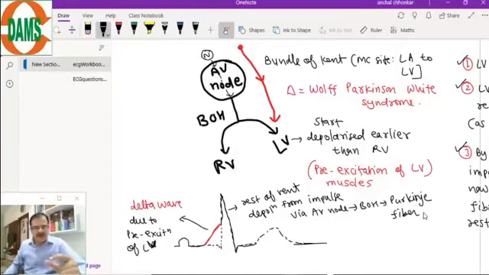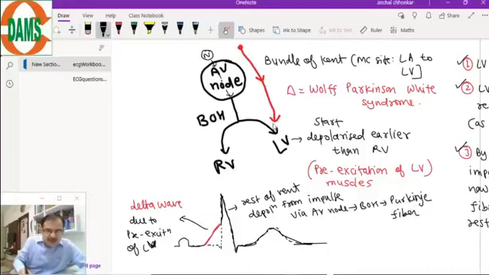So the rest of the ventricle will be depolarized from impulse via the AV node, bundle of His and Purkinje fiber, completing the QRS complex like this. QRS complex. Yes, very nice. There will be a wide QRS complex because the ventricles are not depolarized simultaneously. There was some pre-excitation of the left ventricle early. Yes, some part of the left ventricle it will reach.